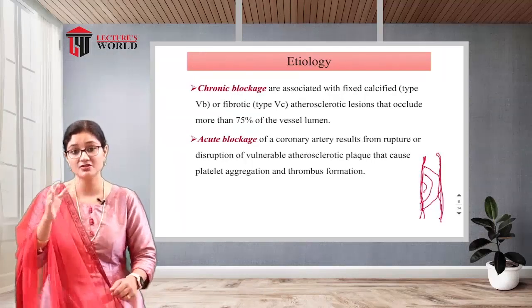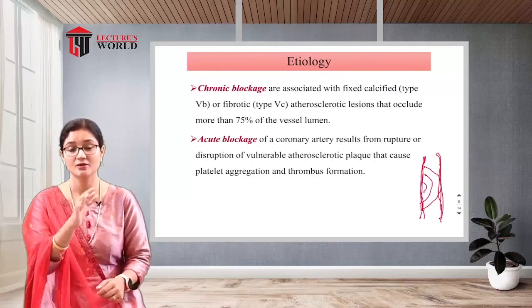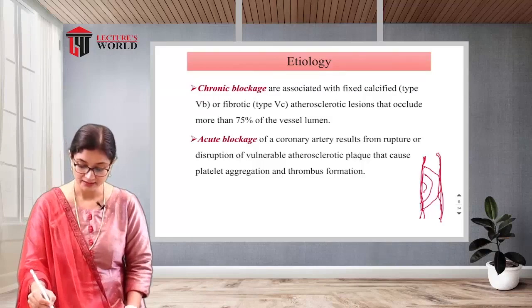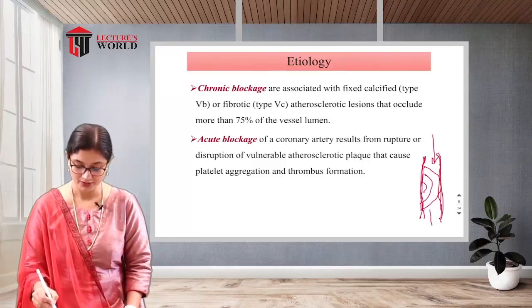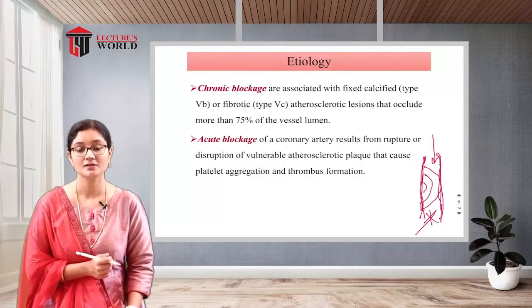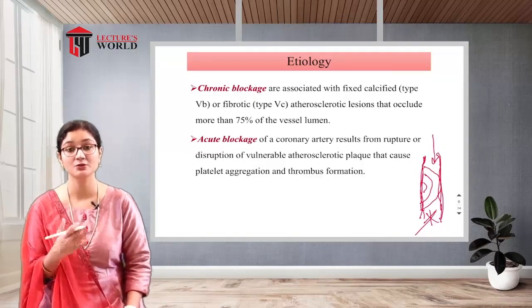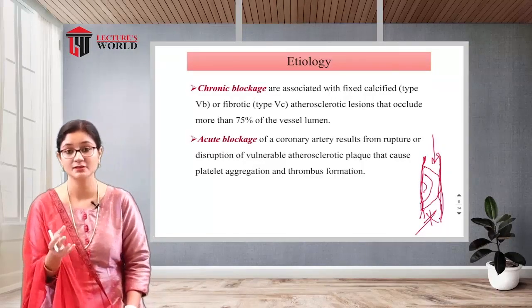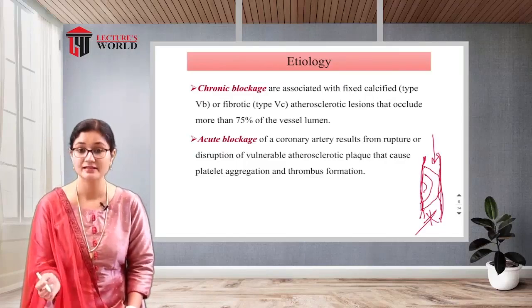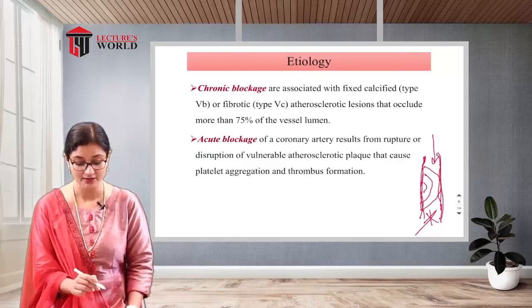As that plaque is increasing, the blockage will increase, and then the blood supply is totally obstructed. So here you will see no blood supply. Are you understanding? That is called a chronic blockage. Chronic blockages are mostly because of fibrotic or calcified type. We'll be studying further in that.